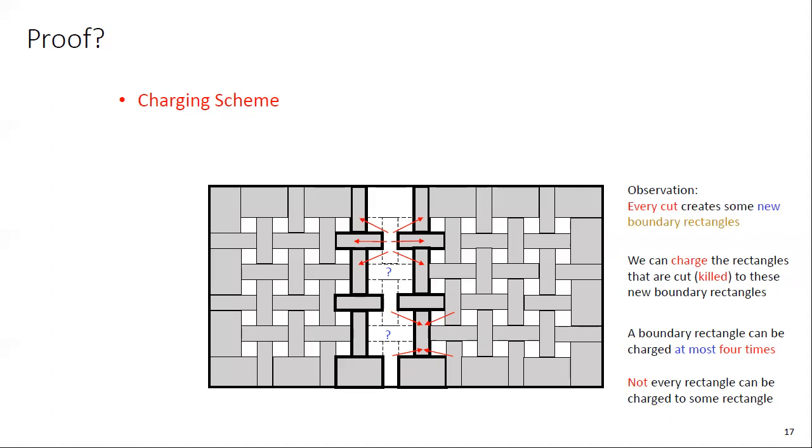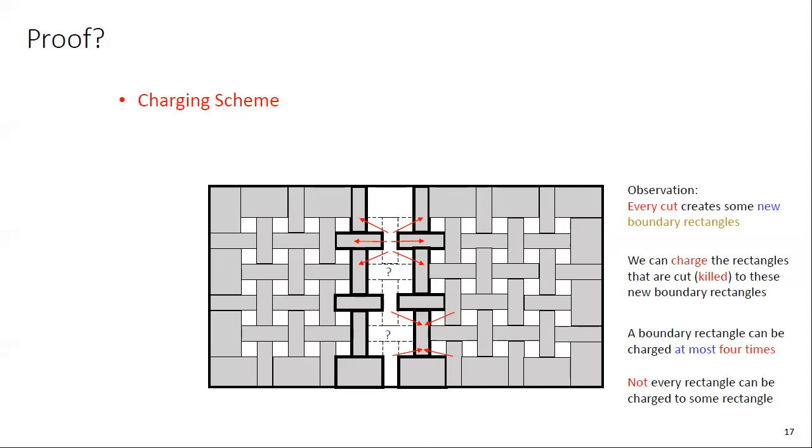The rectangles that you charged become the new boundary rectangles, which means they are fences, so you will never cut them again. That's the goal of the fences: to protect the rectangle that receives charge. That's why we say protected. When a rectangle is a boundary rectangle, it is protected and will never be intersected, so it will be part of the final solution.